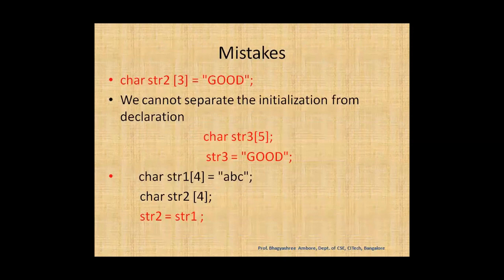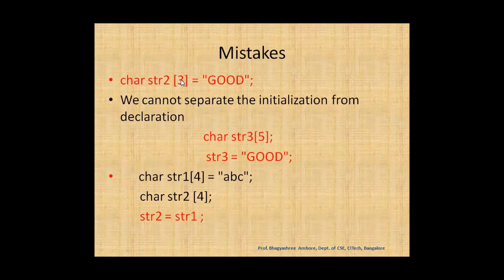Usually, students make this mistake. What is the mistake? First, I have used the character data type, no mistake. String 2 is a valid variable name, again no mistake. I said here 3 characters, but how many characters have I given? 1, 2, 3, 4. This is wrong.